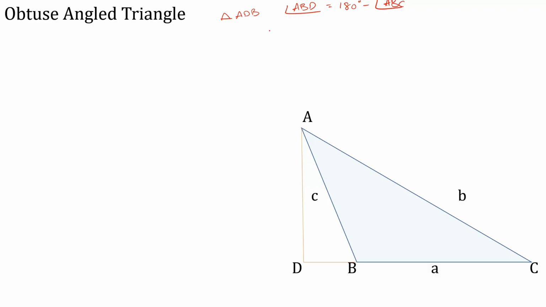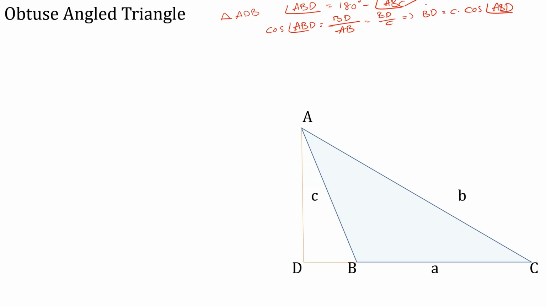Now in the same triangle, when we apply cos for angle ABD, it is nothing but adjacent side, that is BD, upon hypotenuse, here AB. Now this AB can also be written as small c, which means that BD is equal to small c into cos angle ABD.